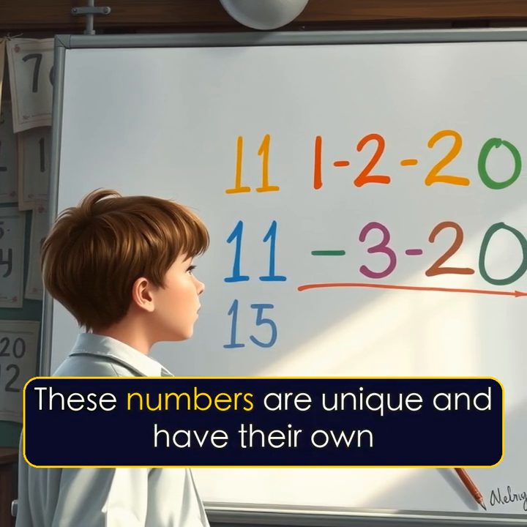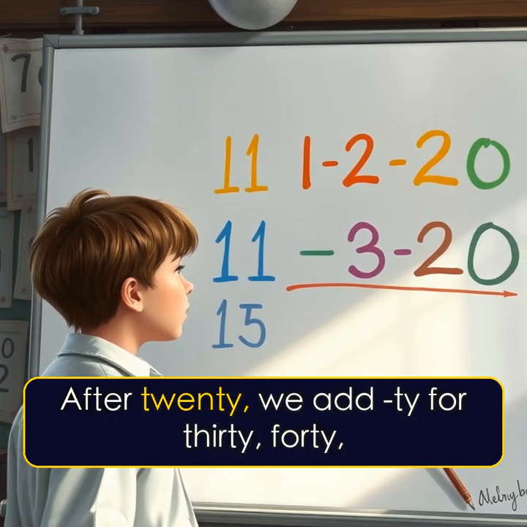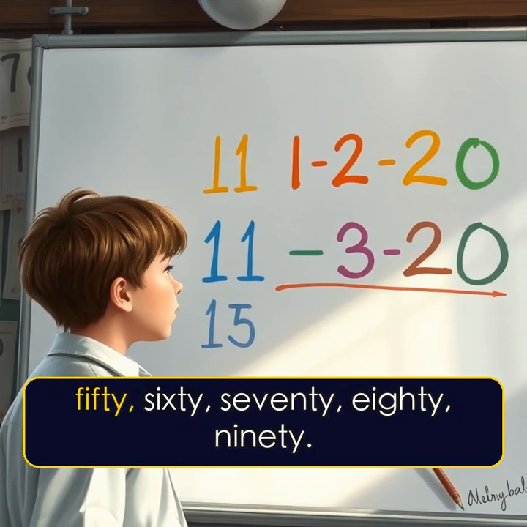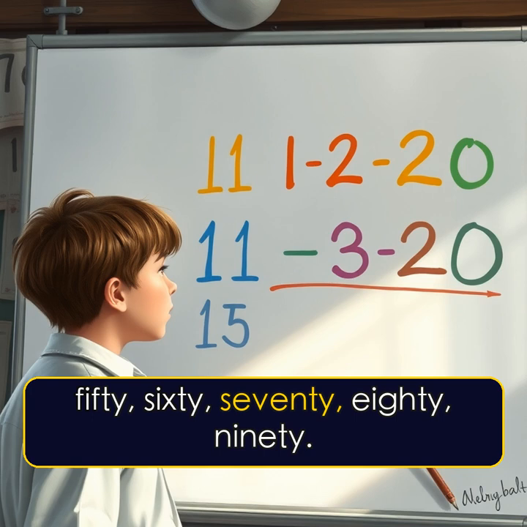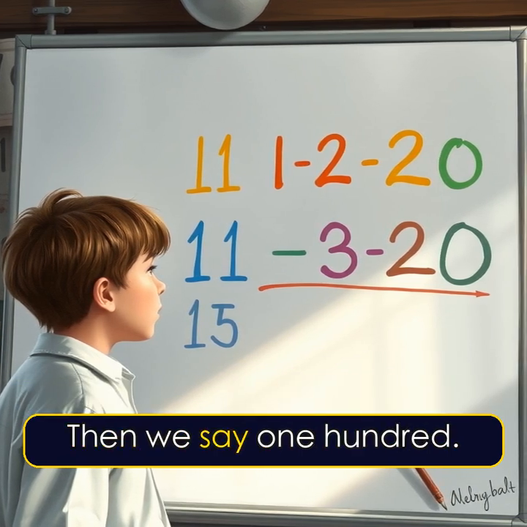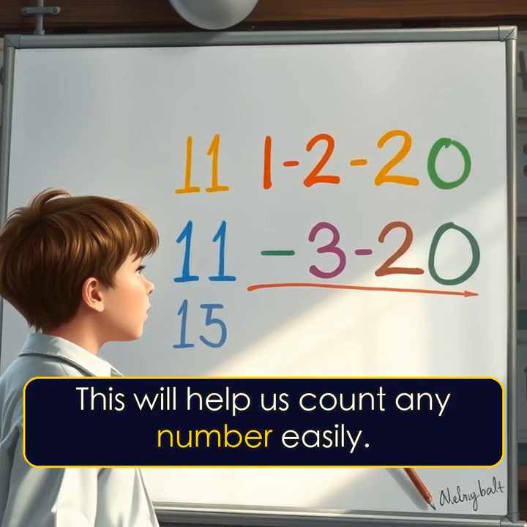These numbers are unique and have their own spelling. After 20, we add "-ty" for 30, 40, 50, 60, 70, 80, 90. Then we say 100. This will help us count any number easily.